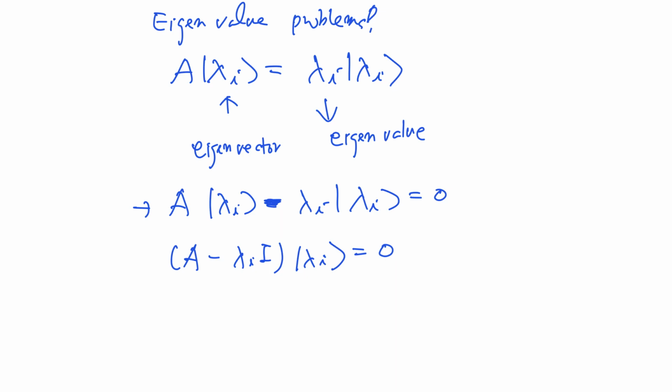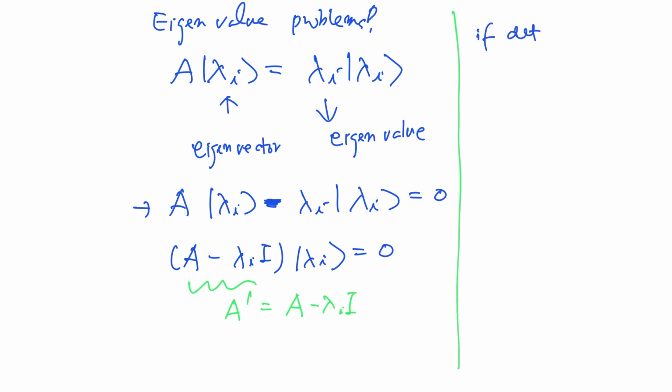So let's call this A prime. If the determinant of A minus lambda I is non-zero, what happens?